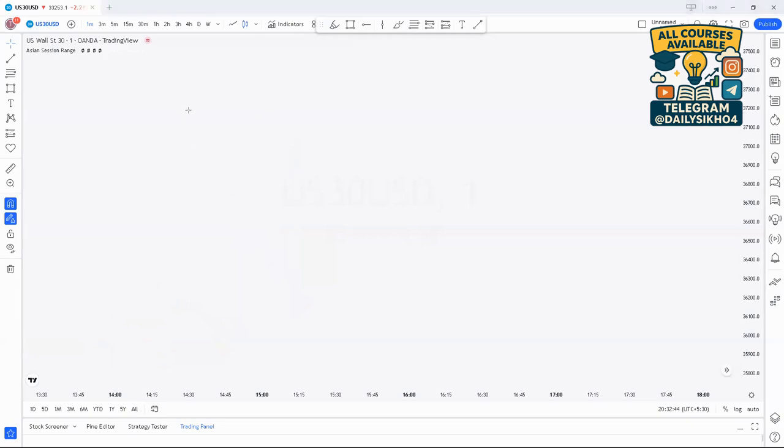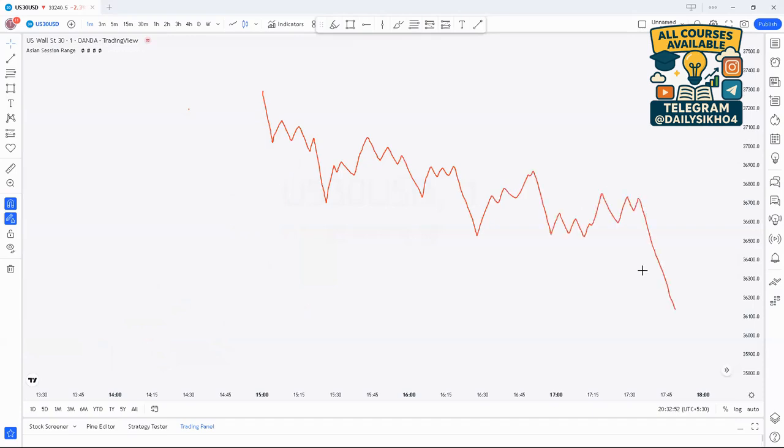Let's say, for example, this is your bearish market. You draw it for me and tell me whatever will be the lower highs and lower lows. You start from the very beginning.